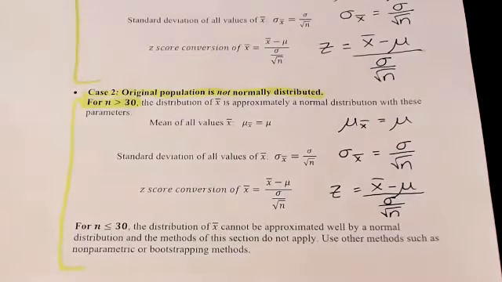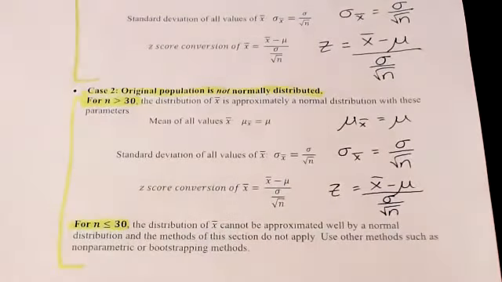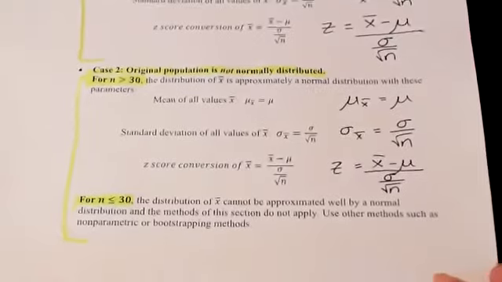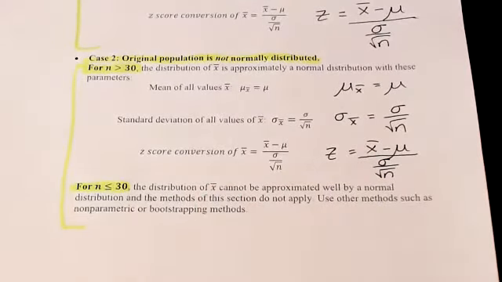However, if n is less than or equal to 30, the distribution of x bar, the sample means, cannot be approximated well by a normal distribution. And thus, the methods of this section do not apply.